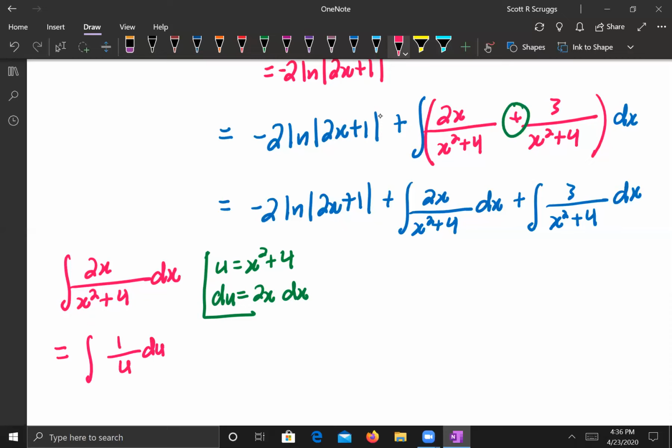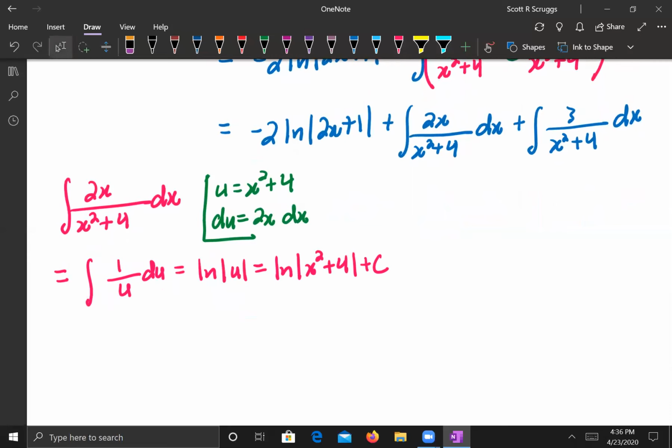So that's 1 over u du. Natural log of absolute value of u, and then rewrite in terms of x. Because that's an indefinite integral, I'll include a plus c. So that integral is taken care of. Now let's move on to the second integral.